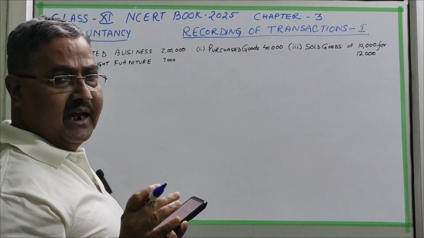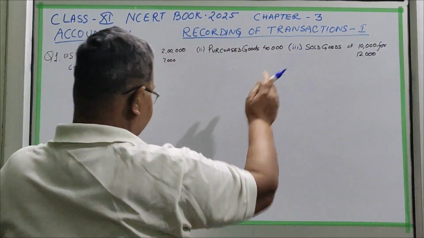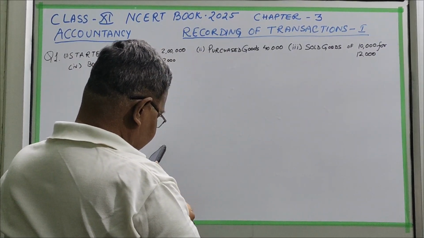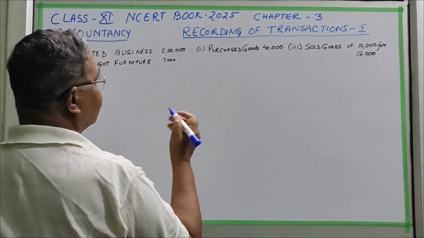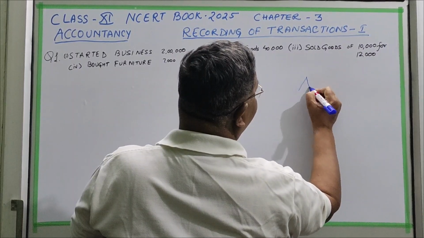one equation, one accounting equation is there. Whatever work is taking place, we classify in this equation.